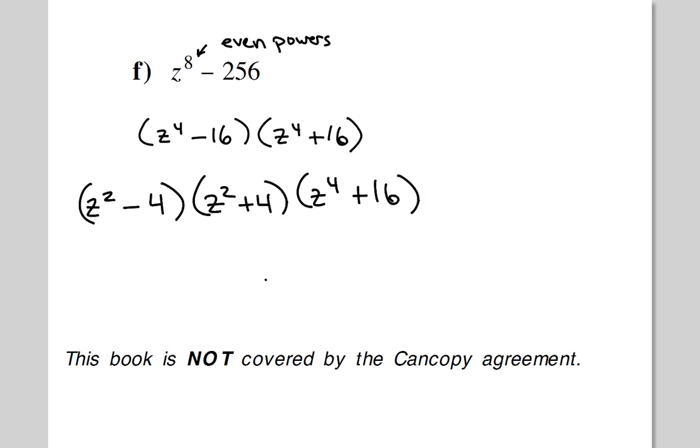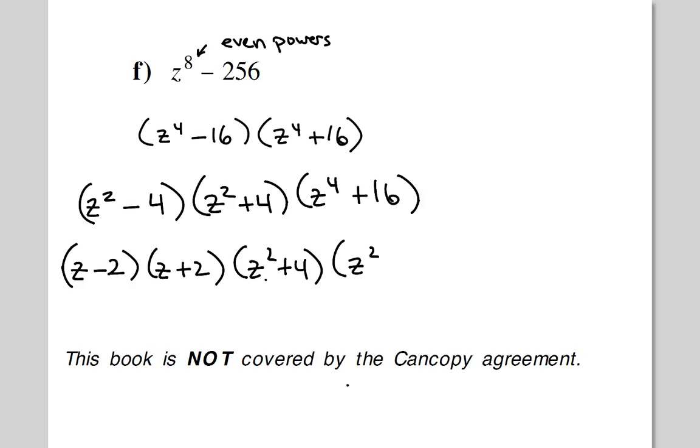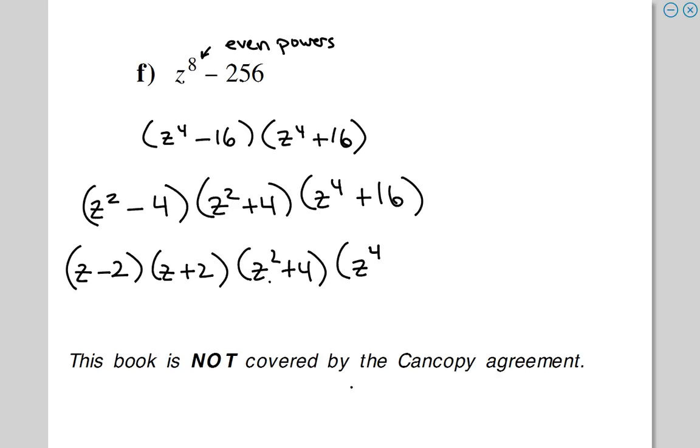Good, so what's it become? z minus 2, z plus 2. And now you know why I put lines through my z's, because they look identical to my 2's. Now I'm done?